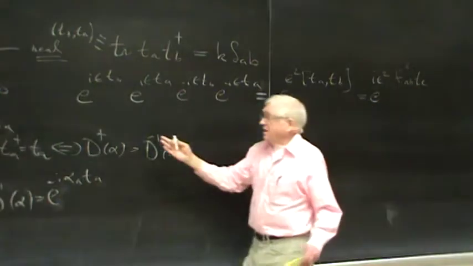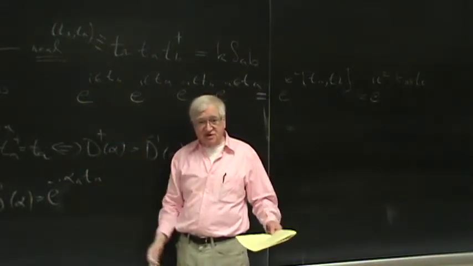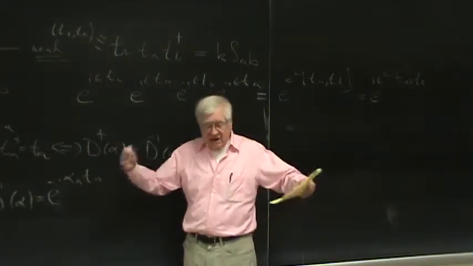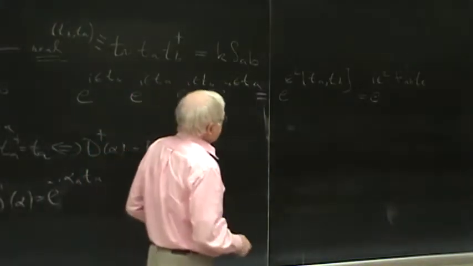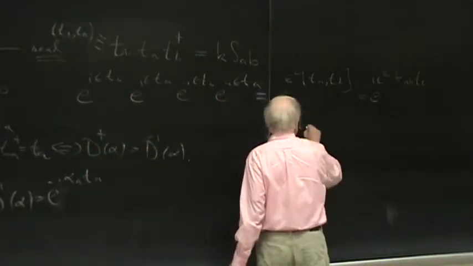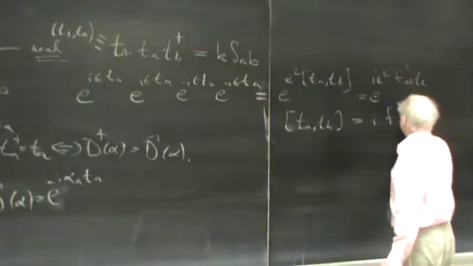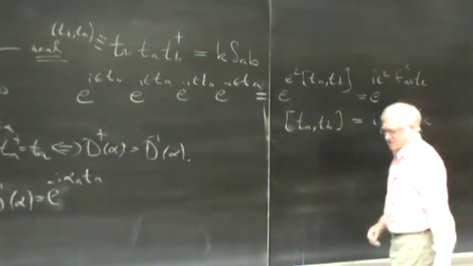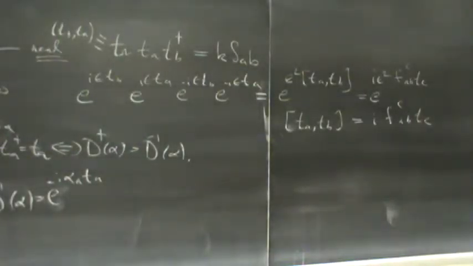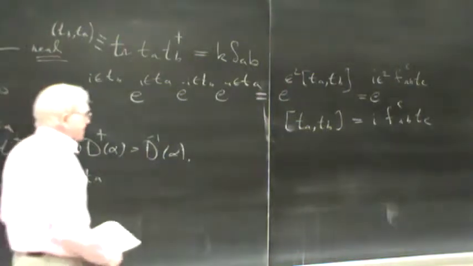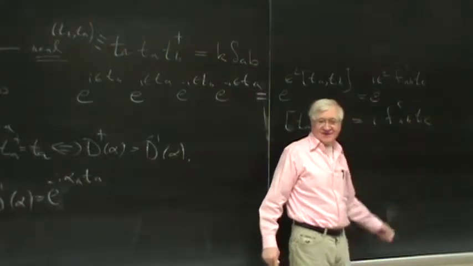So this is in the group, that's in the group, the whole product has to be in the group, and in particular the representation, if it has to be faithful. So what we have then is that for this representation at least, [t_a, t_b] is i f^c_ab t_c, and I've used an upper index because I'm considering non-compact as well as compact for the moment. But when the representation is compact, this index gets very heavy and it falls down around there.